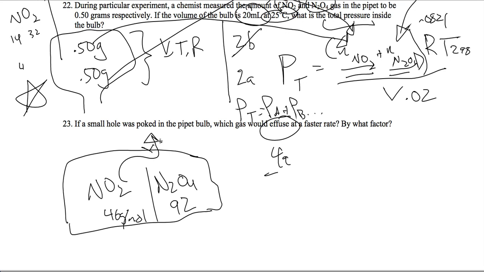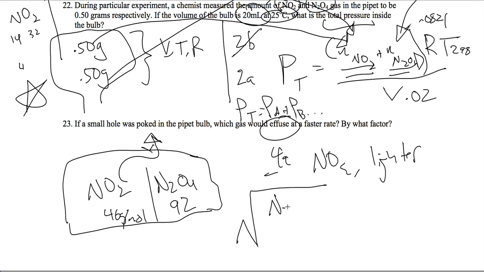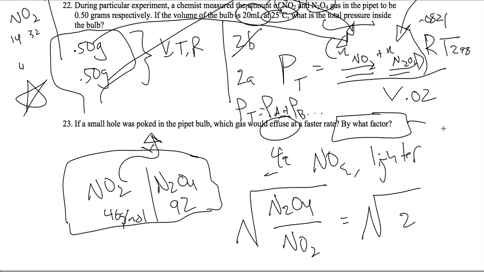So NO2 is going to get out first. NO2 is lighter, and there's a square root involved. So the square root of the molar mass of N2O4 divided by NO2, which is going to end up being the square root of 2, is how many times faster NO2 is than N2O4.